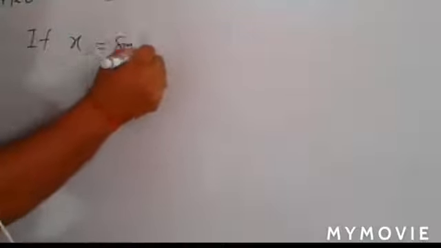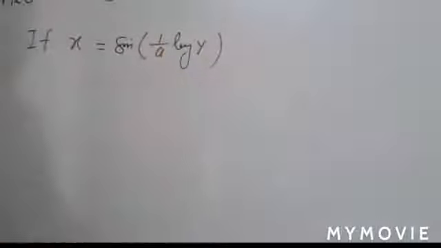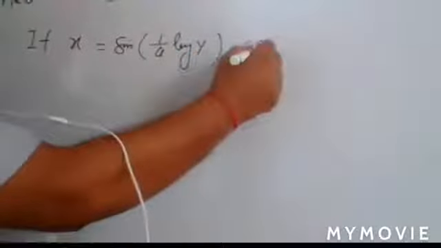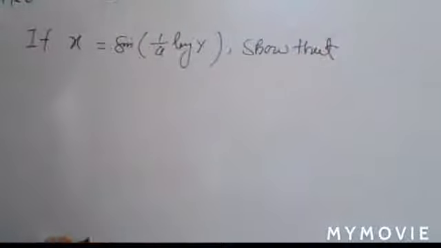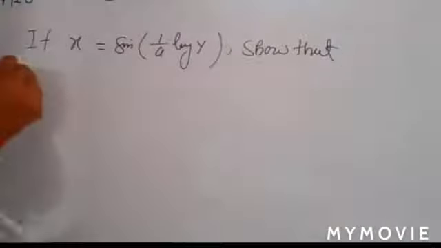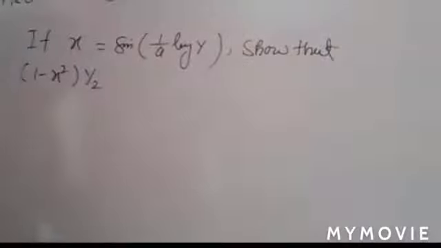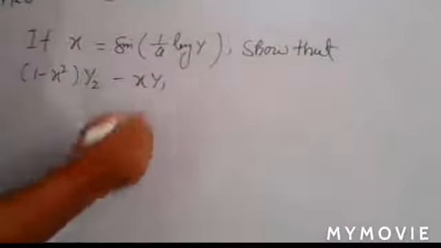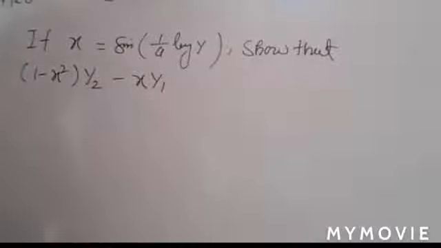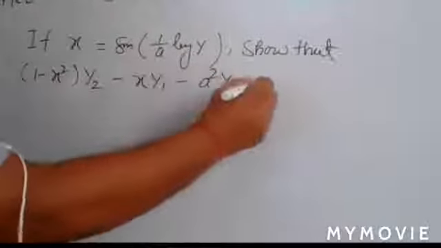Note this one, which was asked in 2010. If x is equal to sine of 1 upon a log y, show that (1 minus x square) y2 minus x y1 minus a square y is equal to 0.